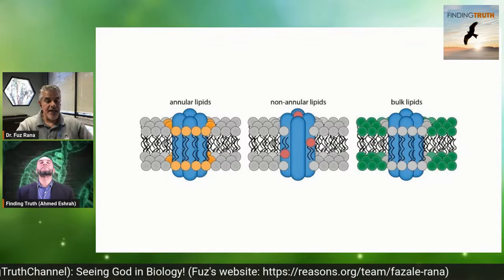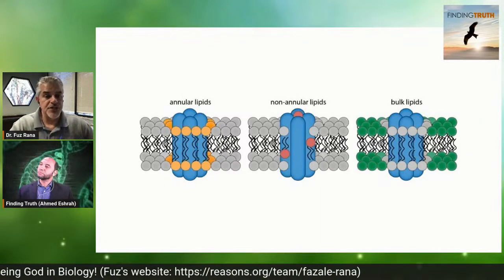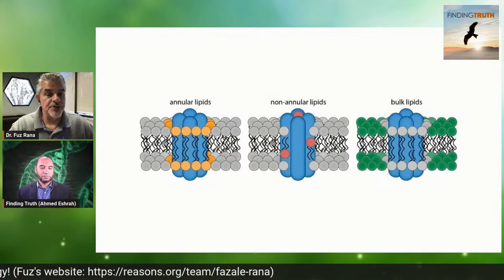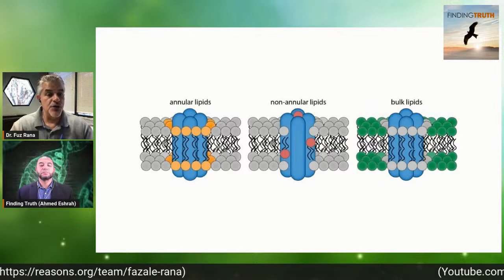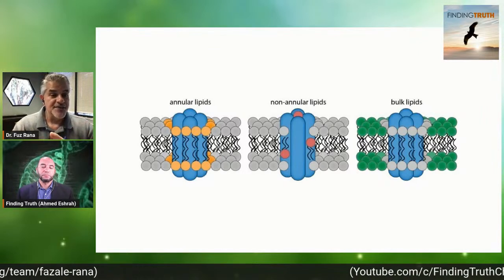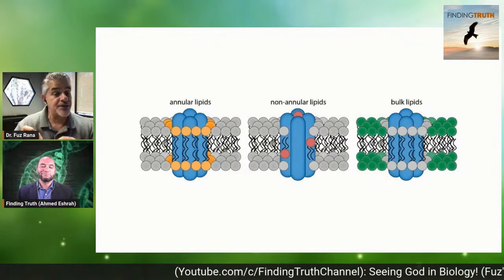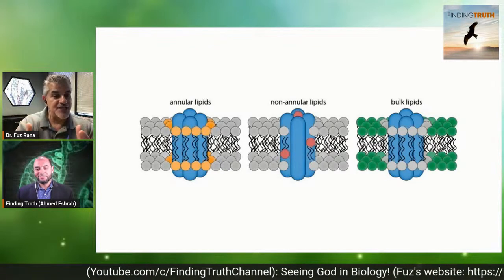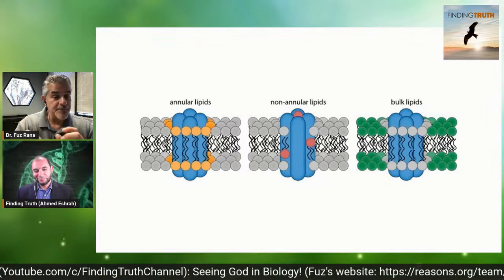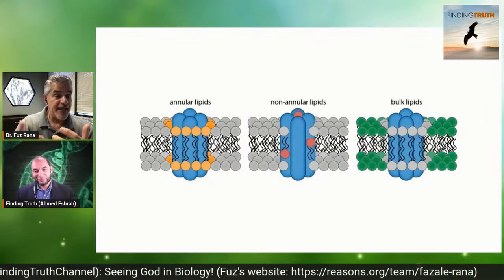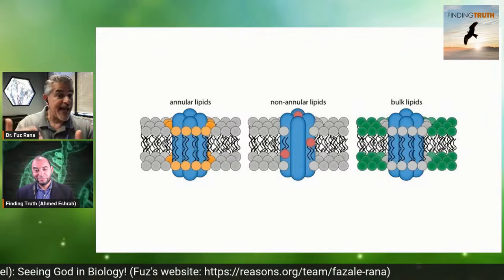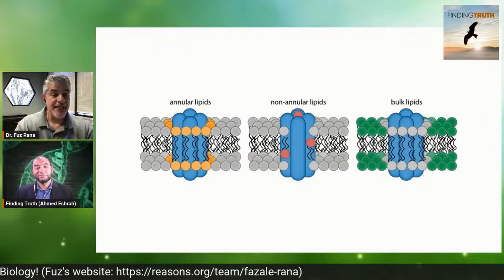And as a distinction, the middle shows non-annular lipids. So you have some lipids that are connected to proteins and function like cofactors, where they're not just functioning as a lubricant, but they actually participate in the structure or maybe even the catalytic activity of that protein.